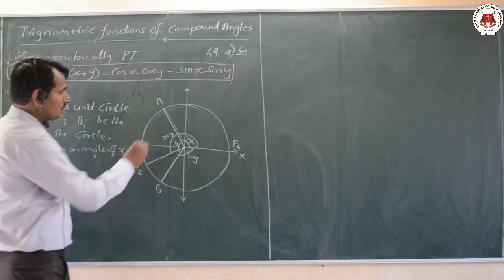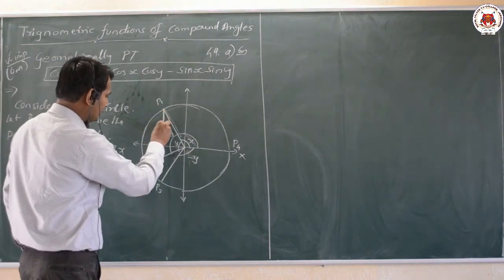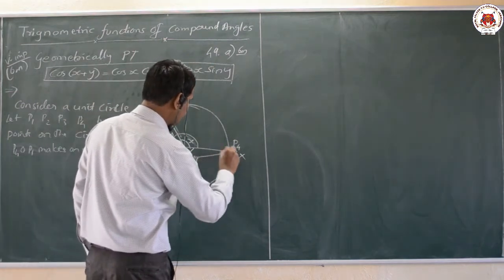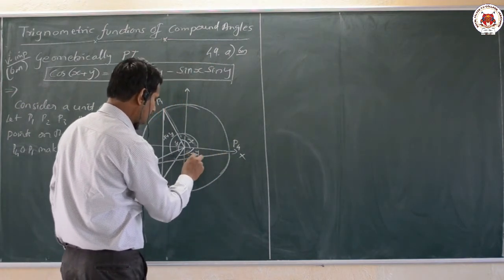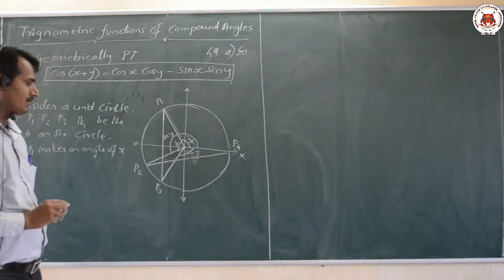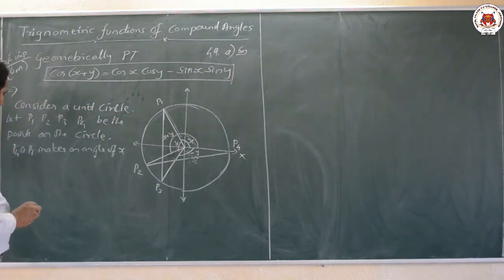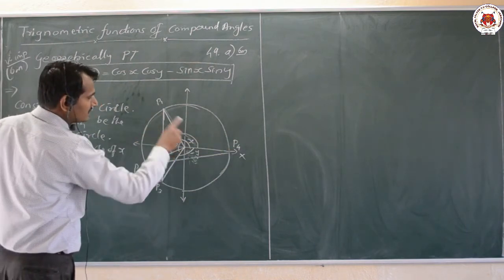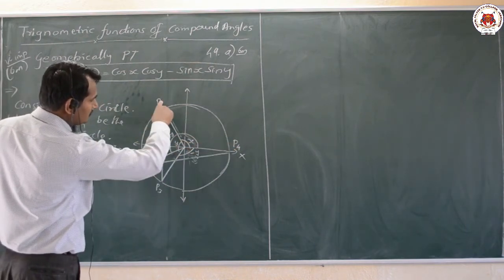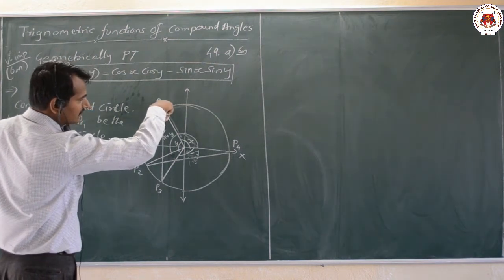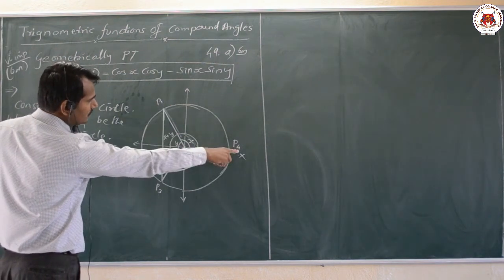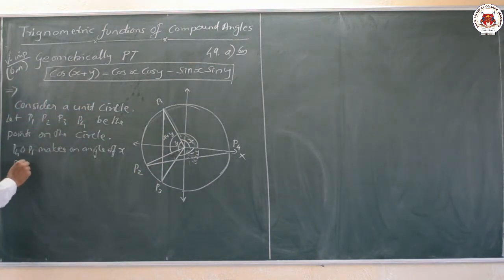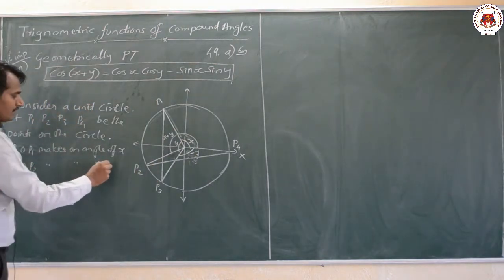And one more thing, dear students, I will join these points. Which points? P1 and P3 I will join, and P2 and P4 I will join. Now let us examine. P4OP1 makes an angle of x. P4OP2 makes an angle of x plus y.